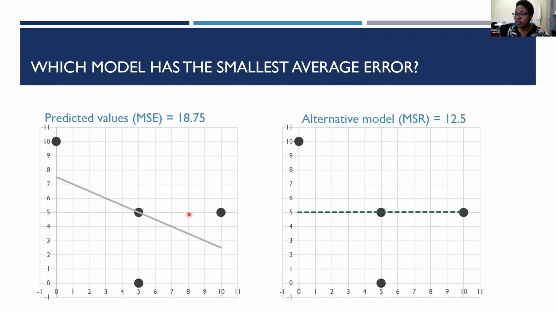Well, it's probably pretty obvious: 12.5 is smaller than 18.75. So actually, our mean square regression is showing us that when we just draw a line right here at the mean of y, this minimizes the error with these values better than this fit line that we tried to draw.